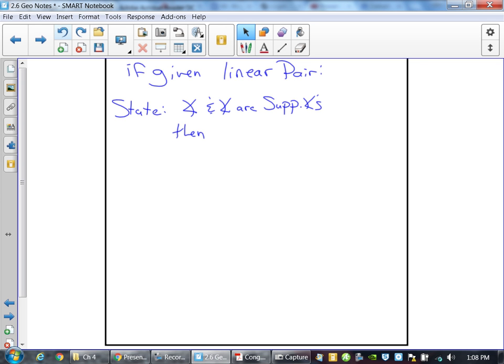How'd you write it down? Angle plus angle is 180. Since we already know that the angles are supplementary, then I would say angle plus angle is 180. So there are going to be 2 statements that you can make out of it. The reasons are a little bit different then.